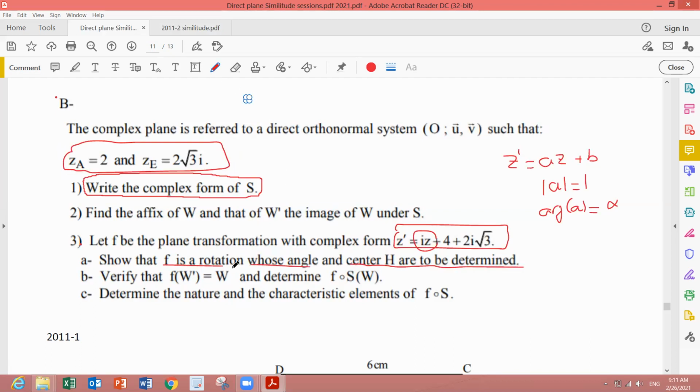To prove F of W prime equals W, I use this: I replace W prime here. This is F. If I replace Z by W prime, then I will get W. F of W prime, the image of W prime, is W.